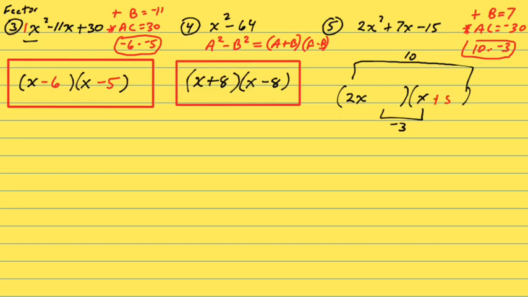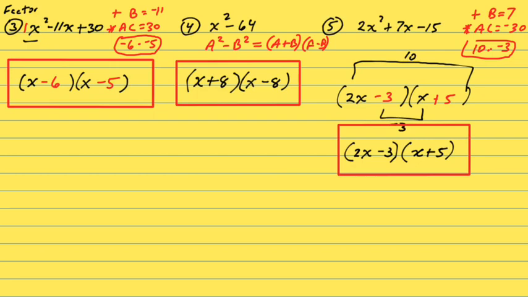Now 1 times what is -3? Well, that would be -3. So now you should have it factored into (2x minus 3)(x plus 5). I always check: does last times last equal last? Does -3 times 5 equal -15, which it does.